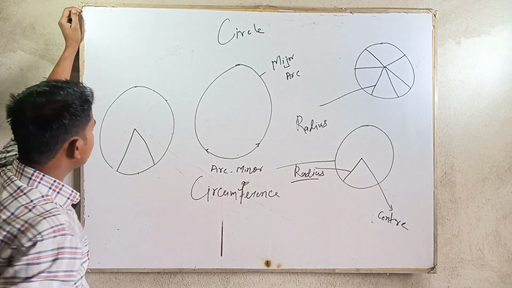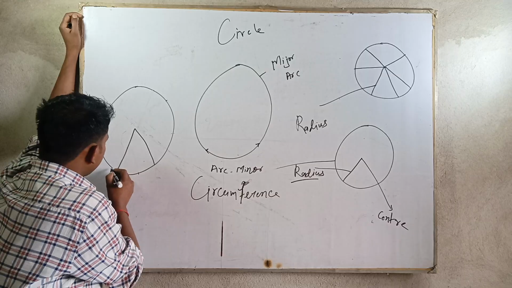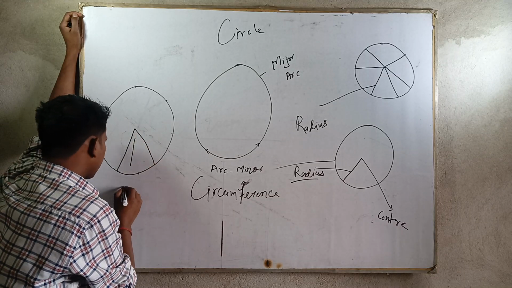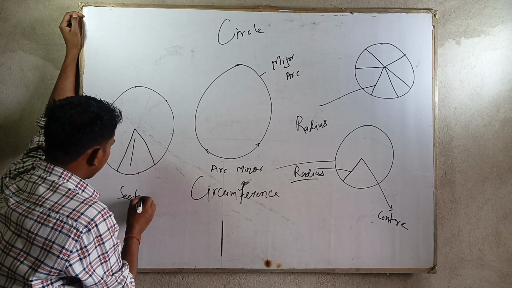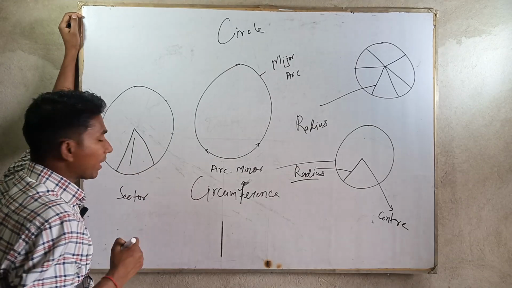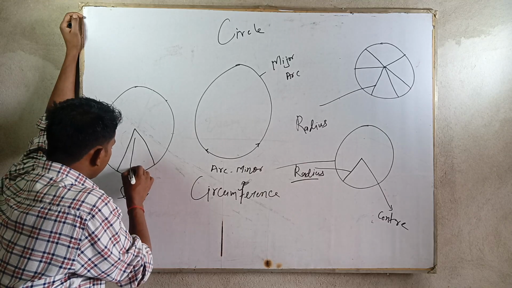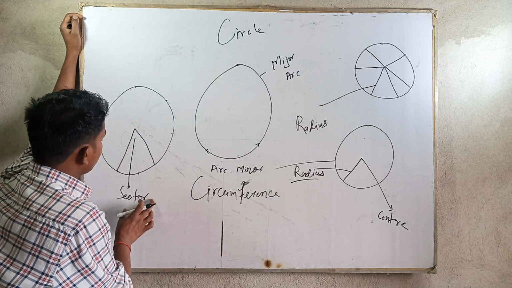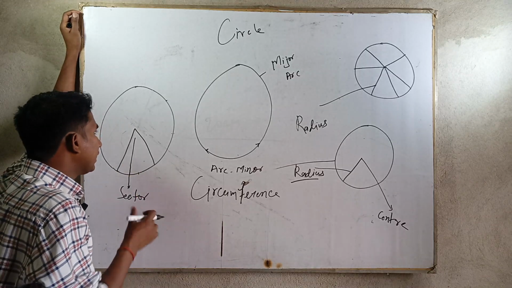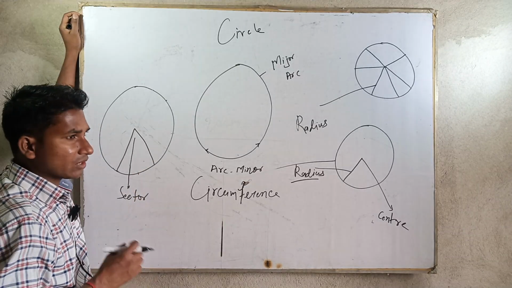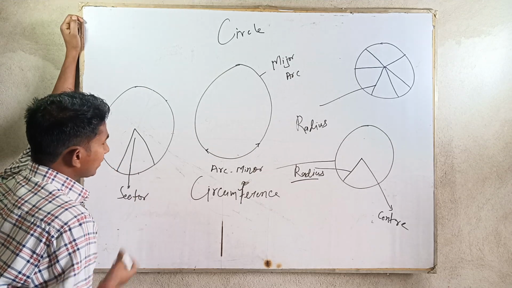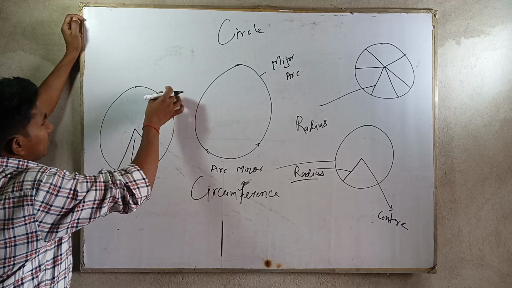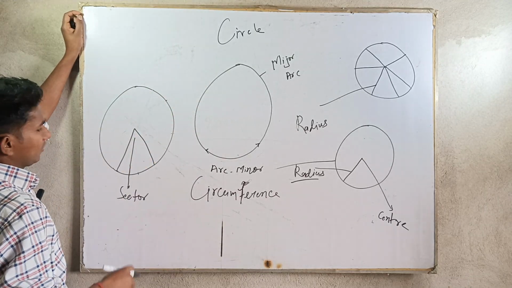In this step you cut a cake, and this part is called a sector. Sector in the mathematical case and in the circle. If this is a small part of the circle, this is called a minor sector, and this big part is called a major sector.